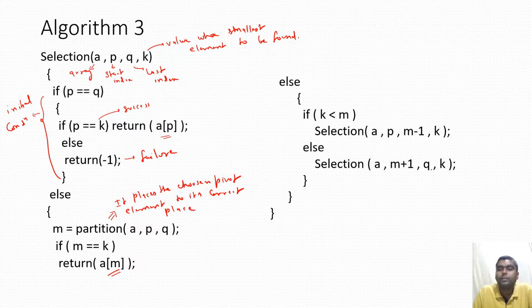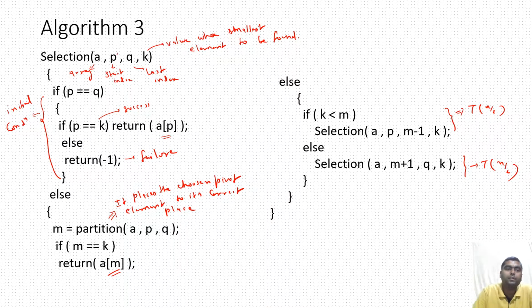So if the original selection problem has n elements, and the time taken to find the kth smallest element by this selection procedure is T of n, then the time taken for this half of the elements is T of n by 2, and this is also T of n by 2.